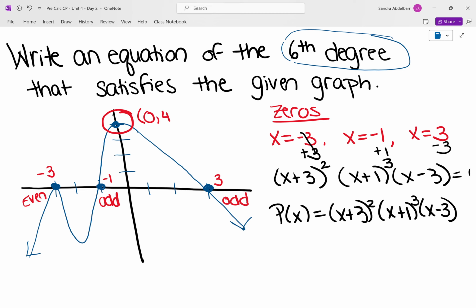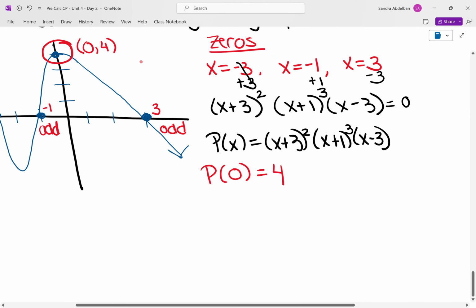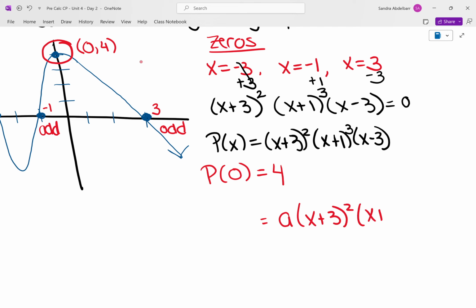But now, what else do we have? We have this point. What are the coordinates for this point? Isn't it 0, 4? So this is telling us we need p of 0 to equal 4. That means there's going to be a GCF. That means I'm going to have a times x plus 3 squared times x plus 1 cubed times x minus 3 has to equal 4.